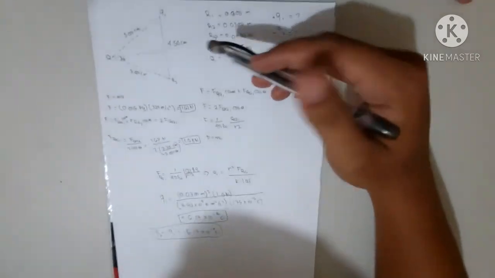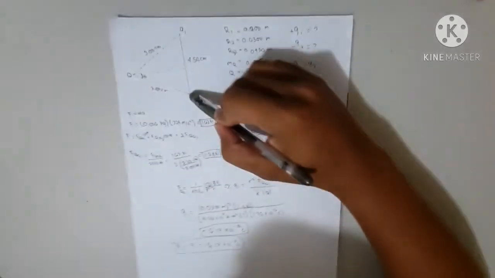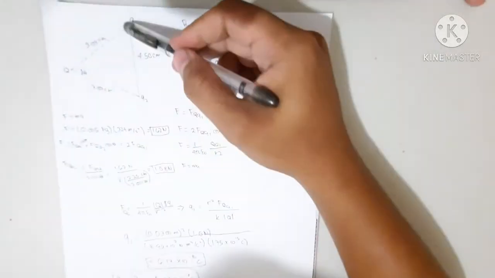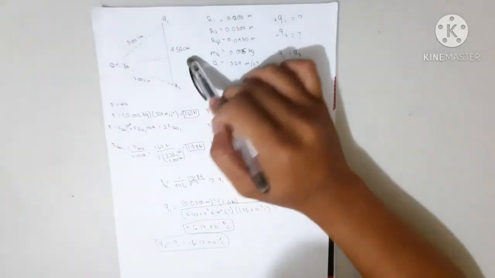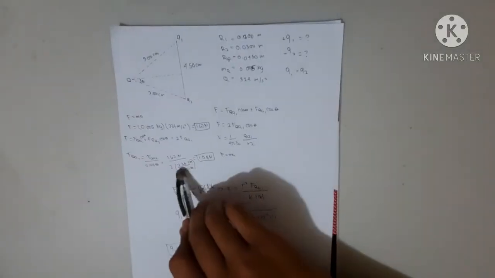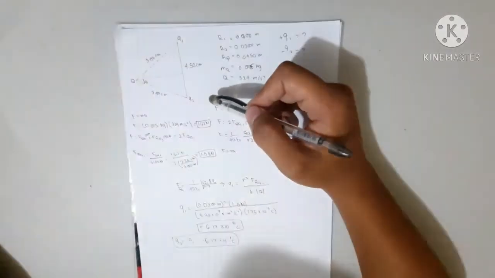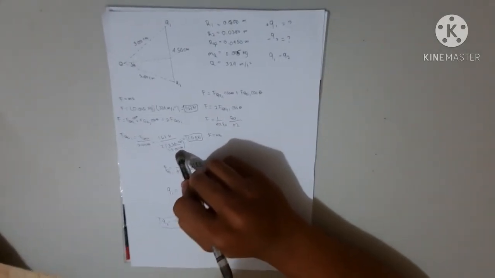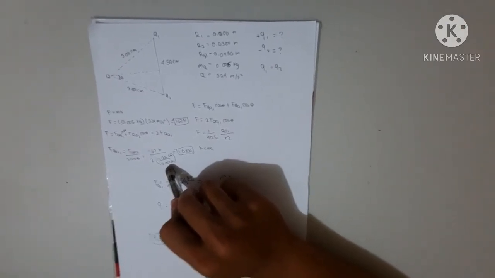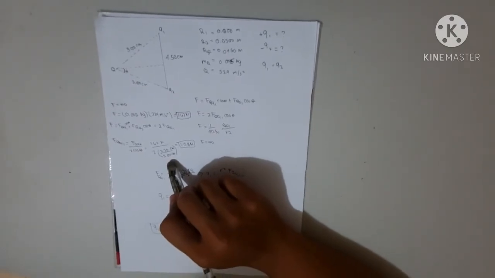We have the distance from here to here, and we need half of it because of this line, so we divide 4.50 centimeters by 2, which gives 2.25 centimeters, and then divide by the hypotenuse, which is 3 centimeters.